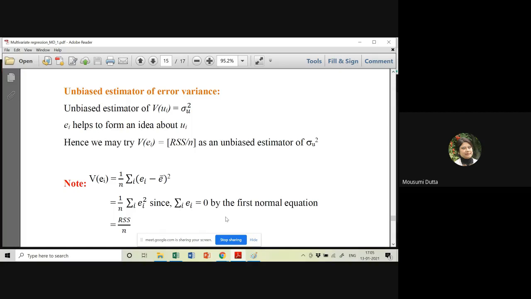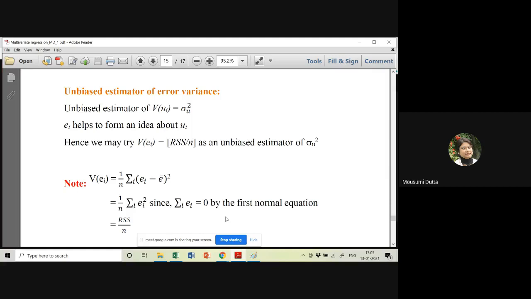If you consider your two variable case, when we take derivatives with respect to alpha, beta, we get the first normal equation, summation ei equal to 0.